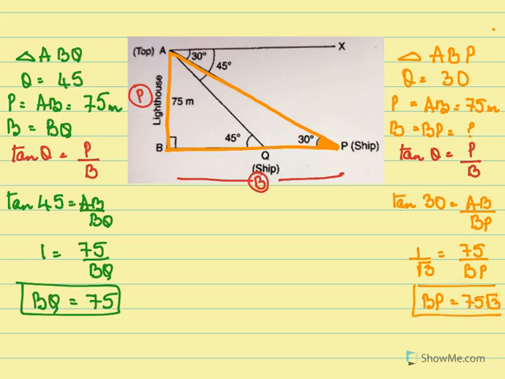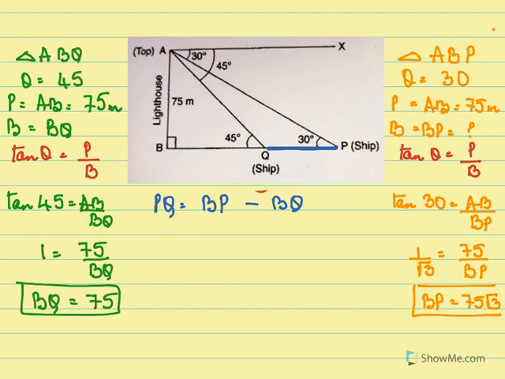Okay, this is important. Now what we need to find here is the distance between the ships. There's one ship here and the other ship is at this point, and the distance between the ships is PQ. That's what we need to know. So PQ will be BP minus BQ. Let me explain that part.